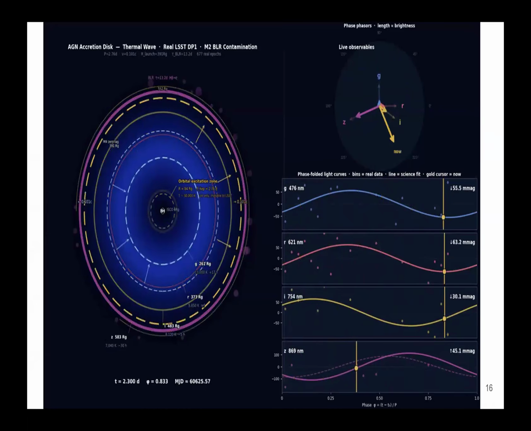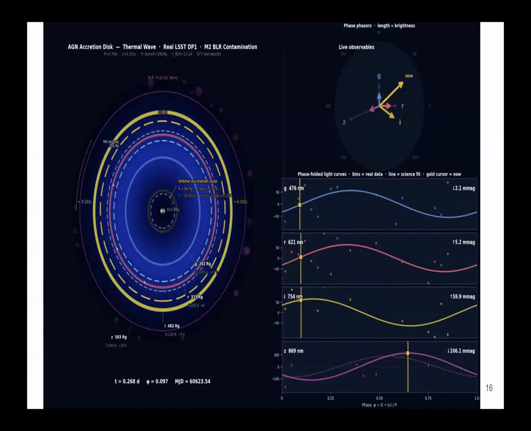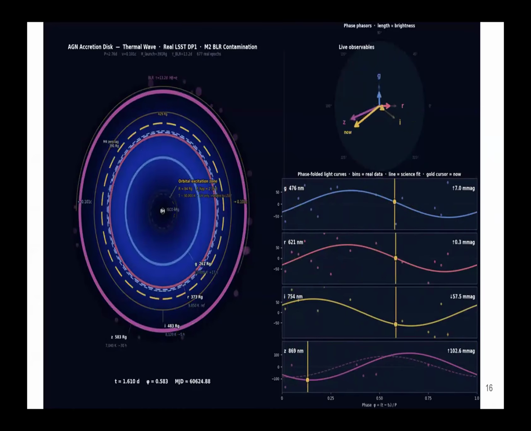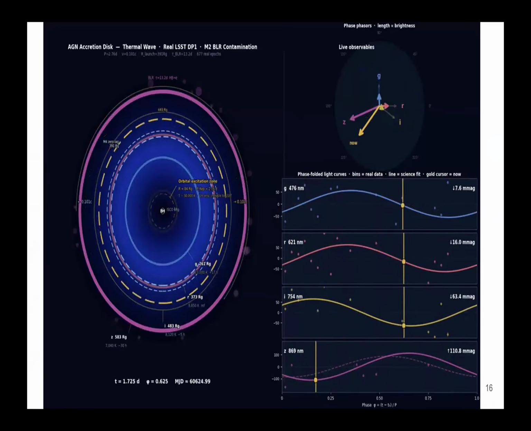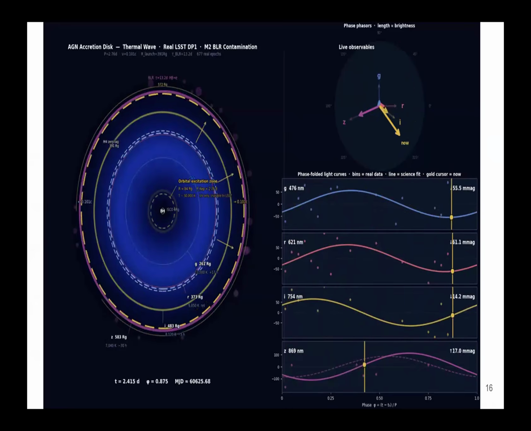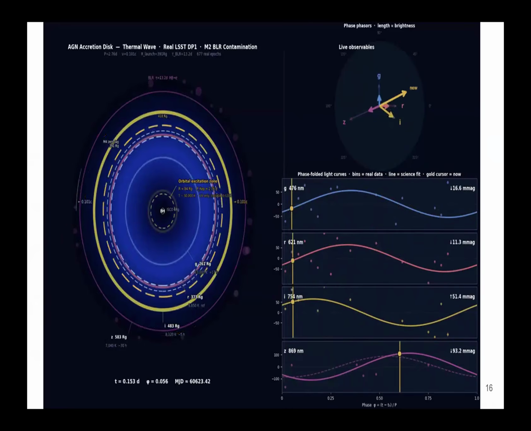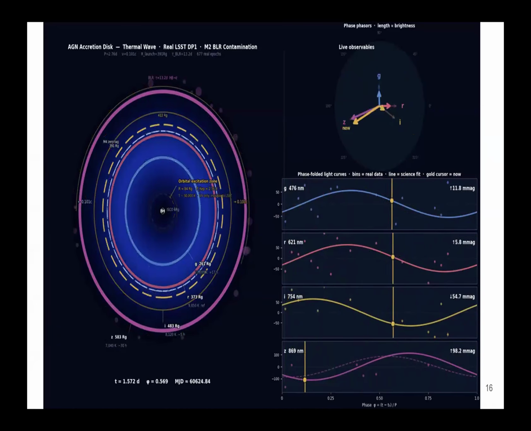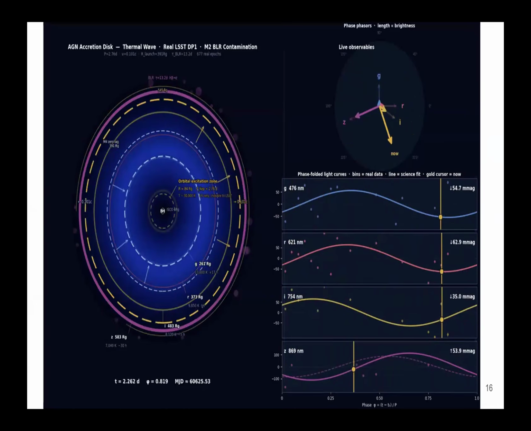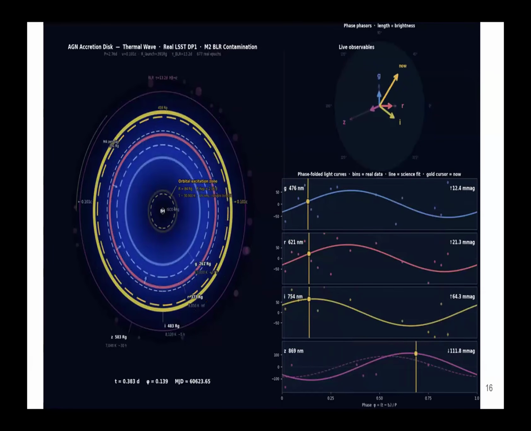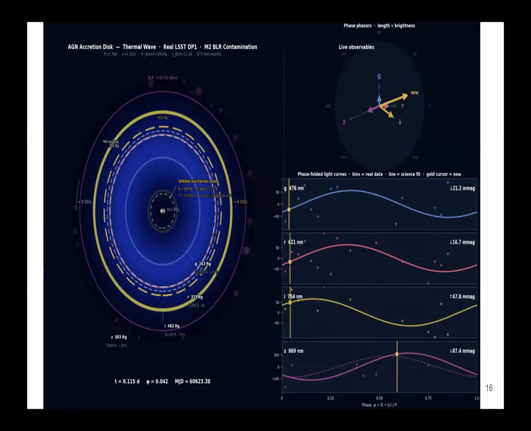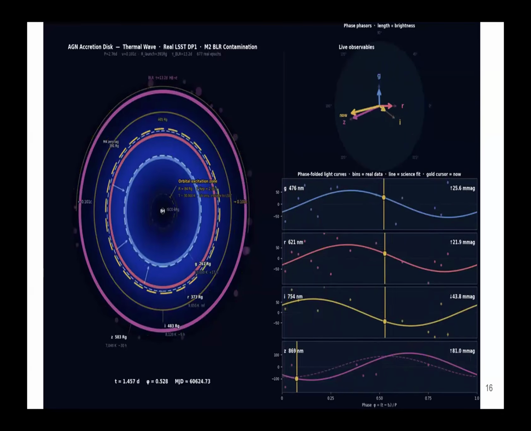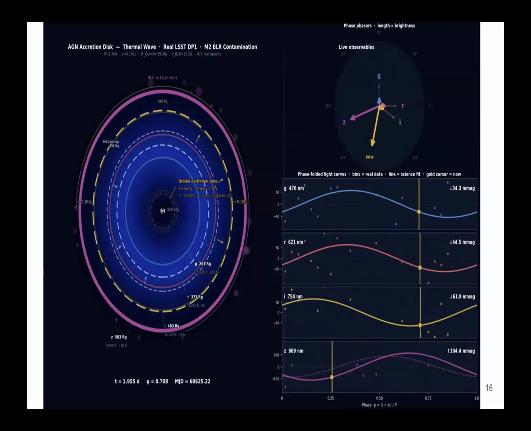So this is what can happen in the disk: we have something peaking between 84 and 150 gravitational radii, and then due to high instability of the disk, because of maybe tidal interaction, we have around 340 gravitational radii the launching of a wave going up and inward.